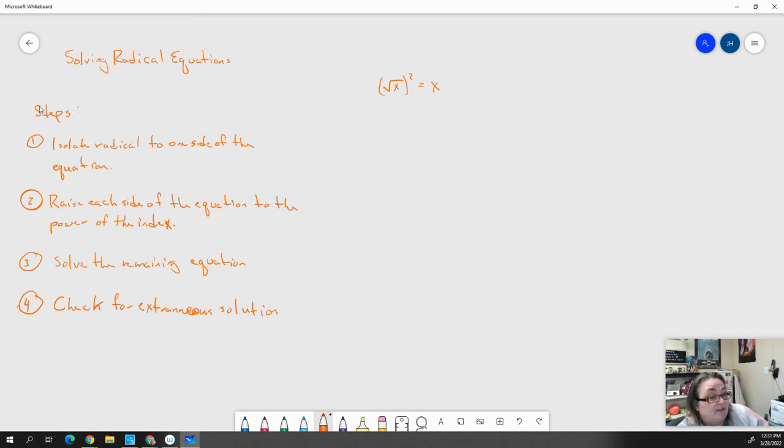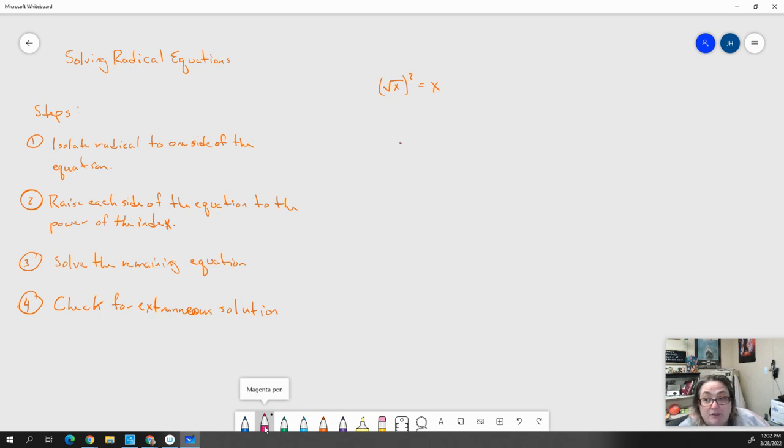So we plug it in. If it doesn't work, that's an extraneous solution. And the rest of this lesson is all just going to be examples of how to do this. Now, this is nothing you haven't done before. It's just we haven't done it in this format, where it's radicals, but we've done it with other things.